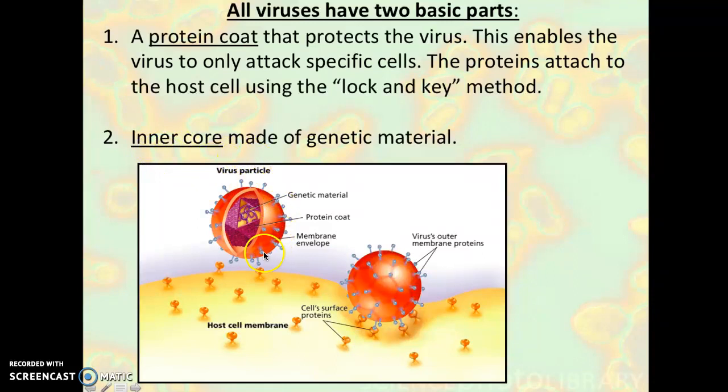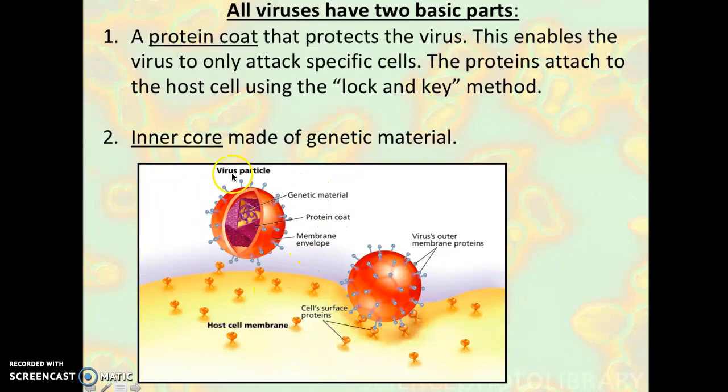And the virus is going to use that outer membrane, the protein coating on the outside there, to attach to a host cell. So in this picture, they have these little nodules on there, and those are going to fit right into the host cell or not, right?